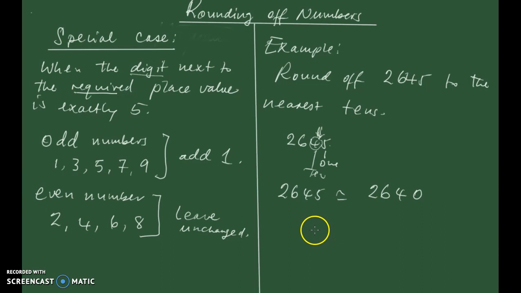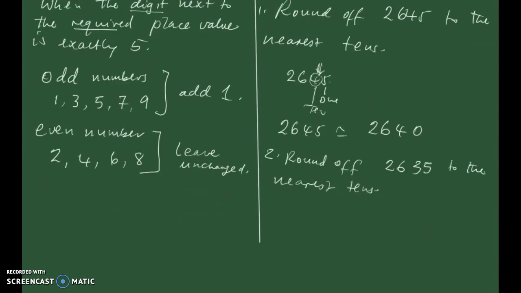But now suppose we have a number like this. Example 2: round off 2,635 to the nearest tens, right? As usual, you will go for the place value here.